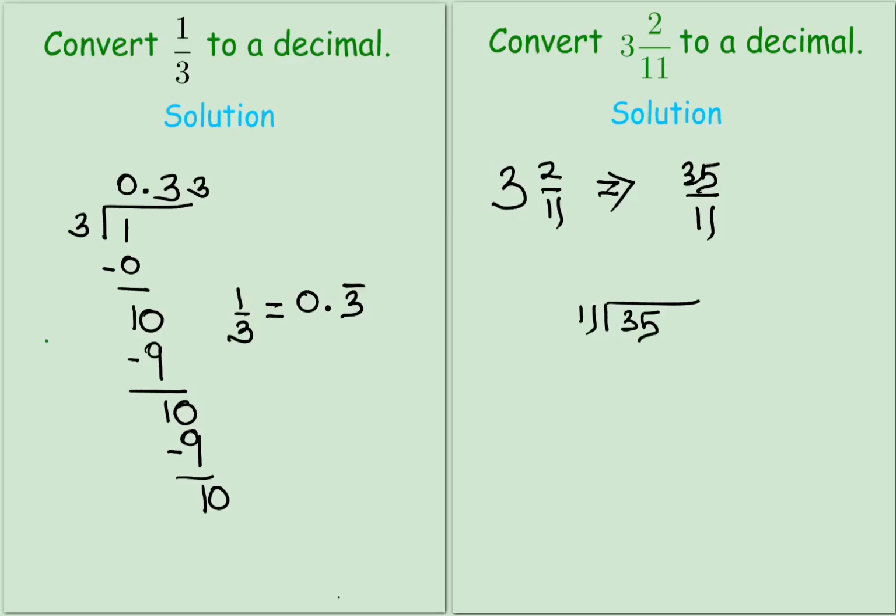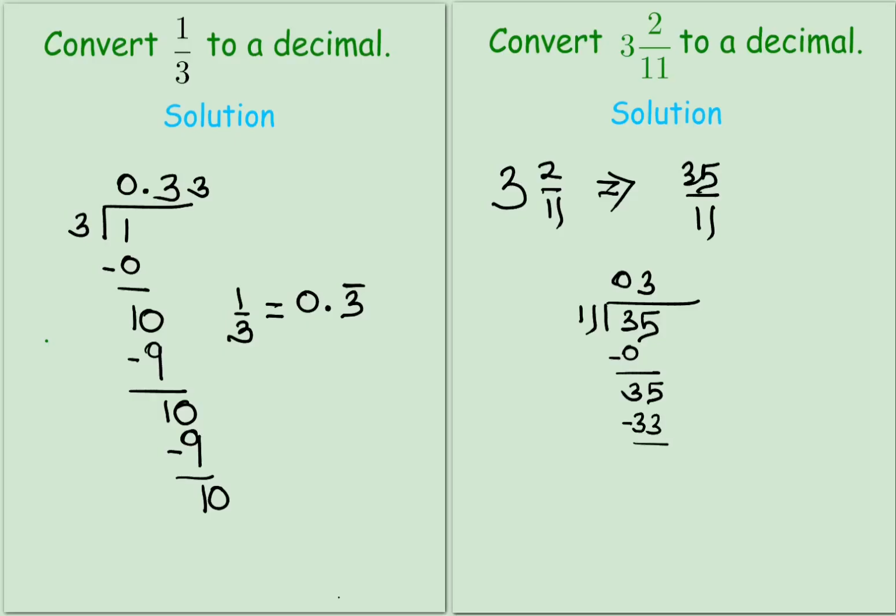Converting 35/11 into decimal, we have 11 as the divisor, then the 35 comes in as our dividend. 11 into 3, 0. So 11 times 0 gives us a 0, and then if we subtract, you have a 3. Since there is another number here, we can introduce our 5 and continue our division. So 11 into 35, 3 times. 11 times 3 gives us a 33.